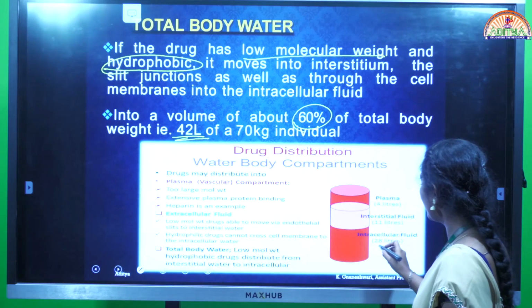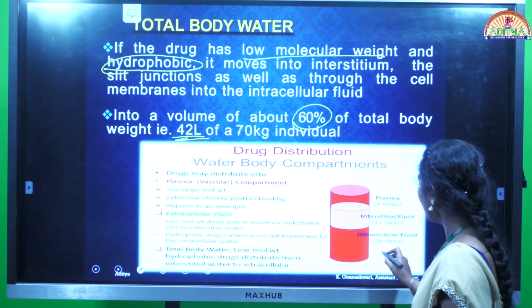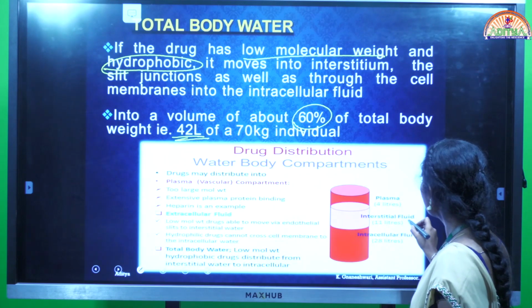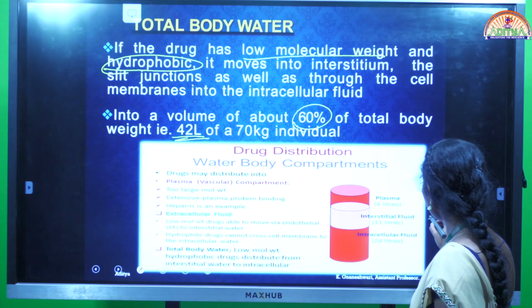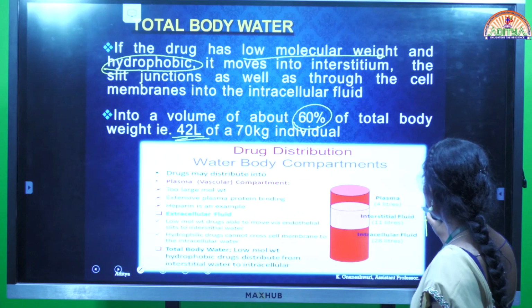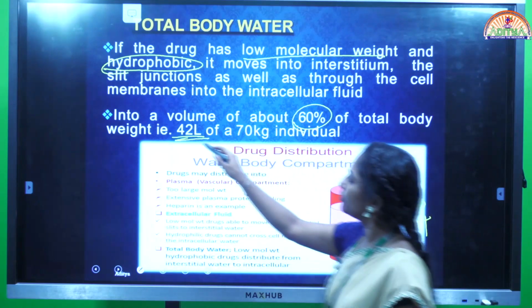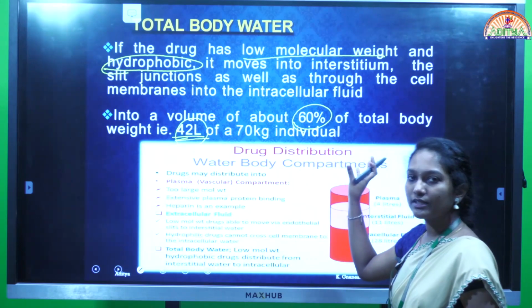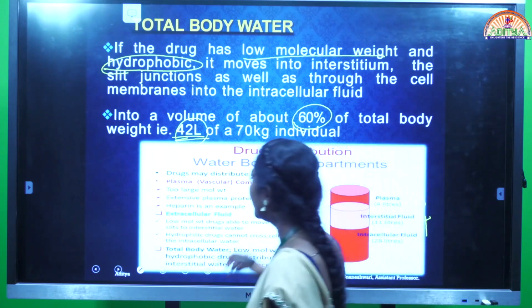The intracellular fluid ranges from around 24 to 28 liters, the interstitial fluid around 12 to 14 liters, and plasma around 4 to 6 liters, which together account for 42 liters in an individual of 70 kg.